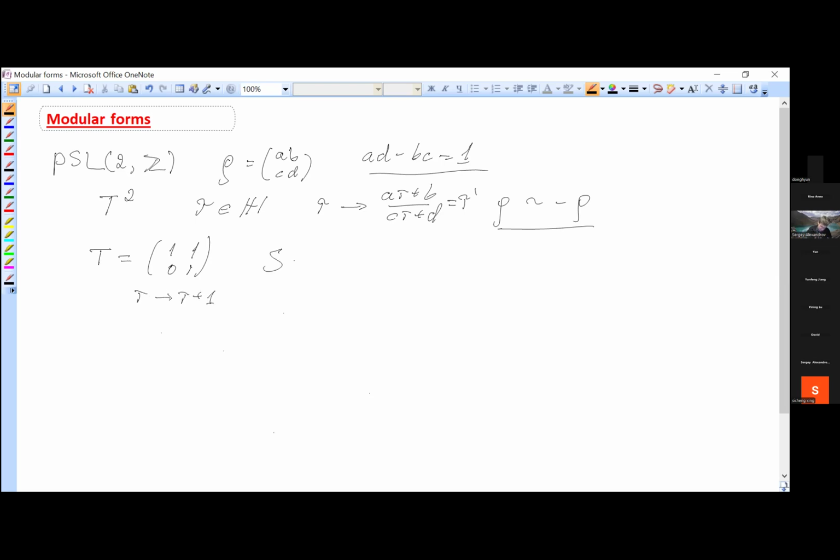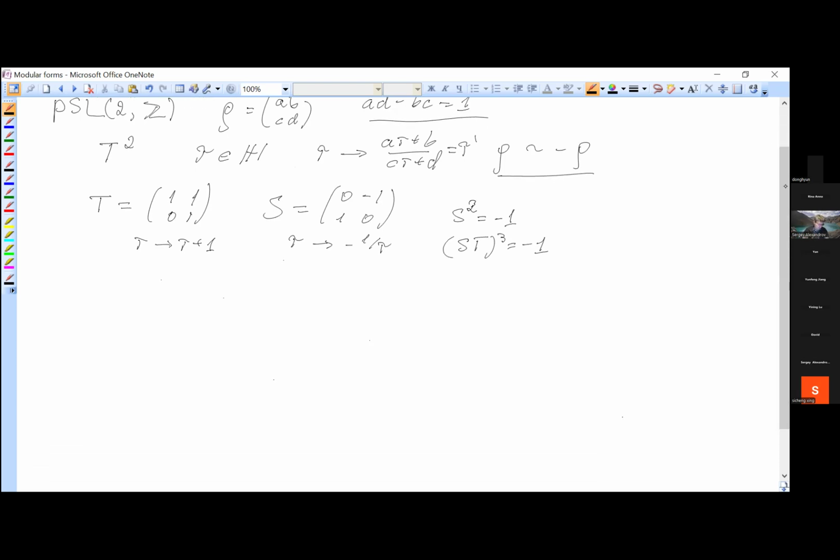And there is the S transformation, which is given by this matrix, and it sends tau to minus 1 over tau, up to relations like S squared equal minus 1 and (ST) cubed also equal minus 1. So the group is generated by these two matrices.